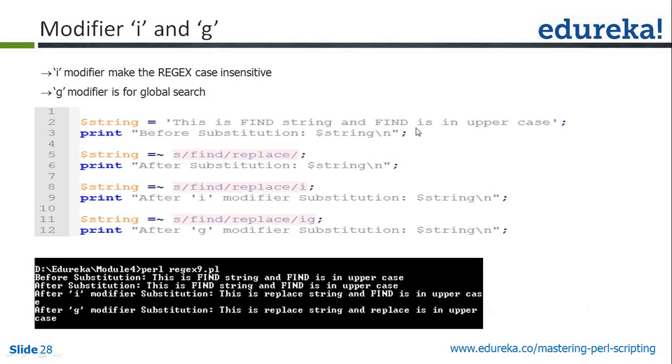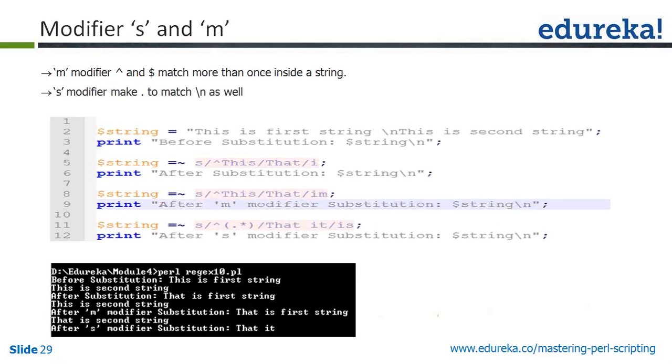Occurrences of find. Next modifier we have is S. S is used for, for example, dot. We know dot should not match \n, but if we use the S modifier, dot will also match \n.